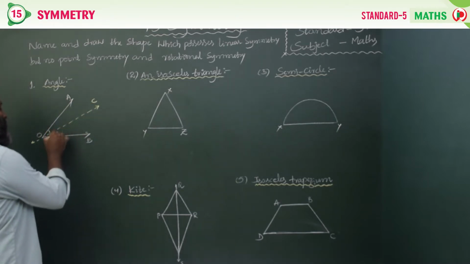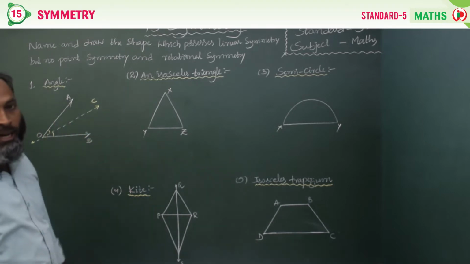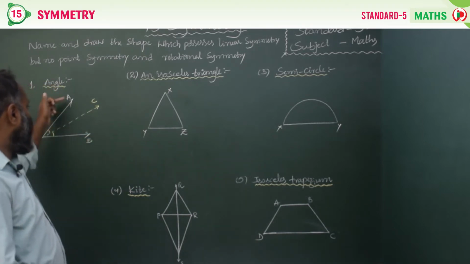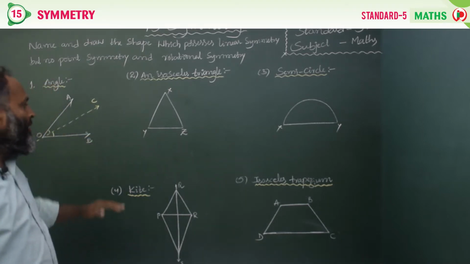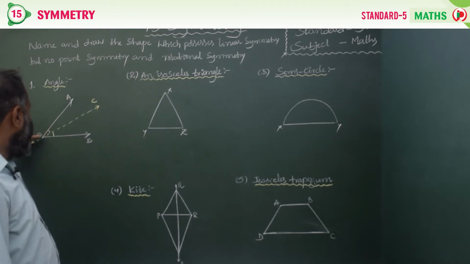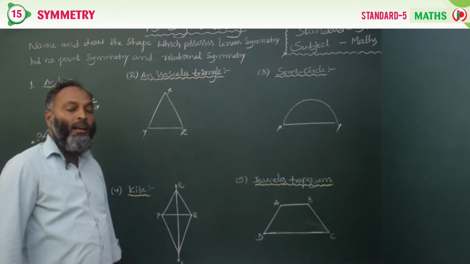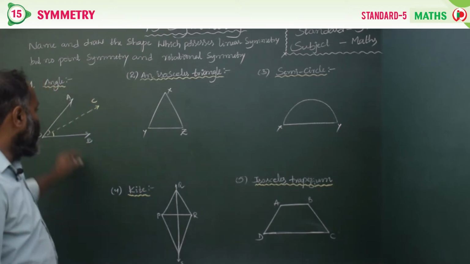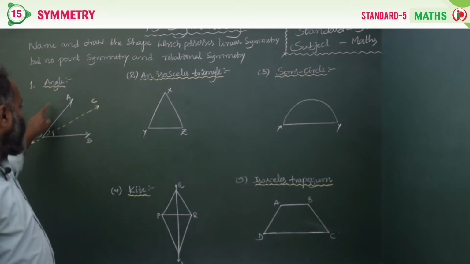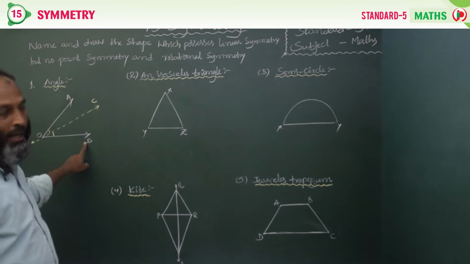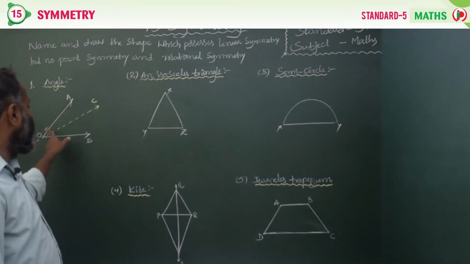These two angles are equal. So OC is the angular bisector of AOB. This angular bisector OC is the line of symmetry of this angle AOB.